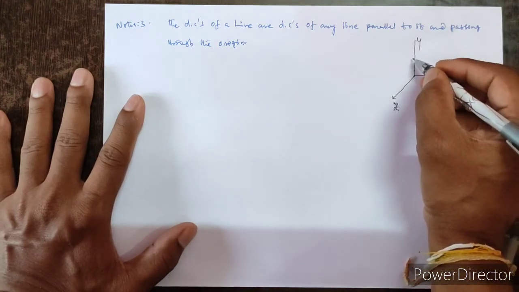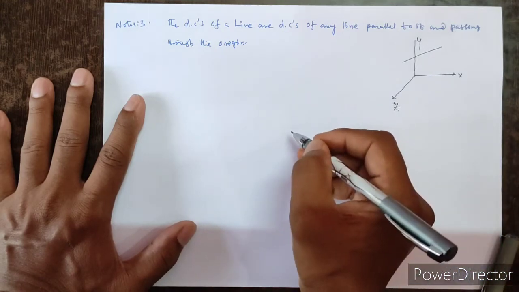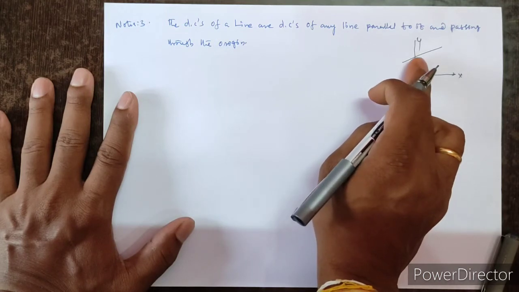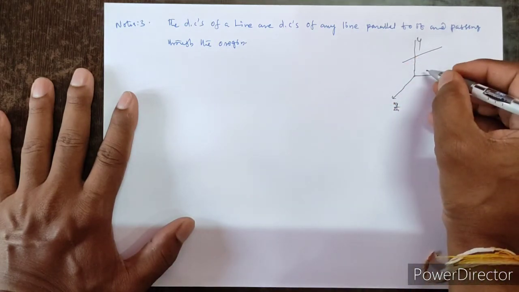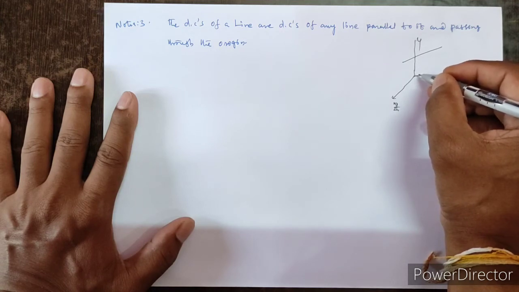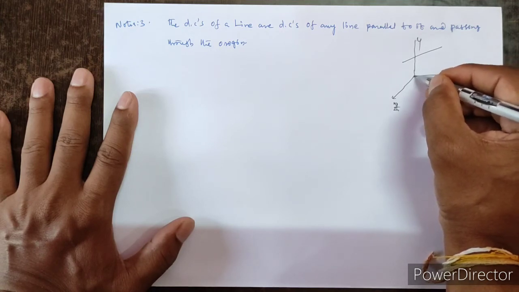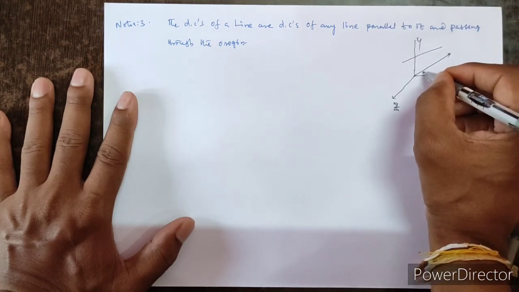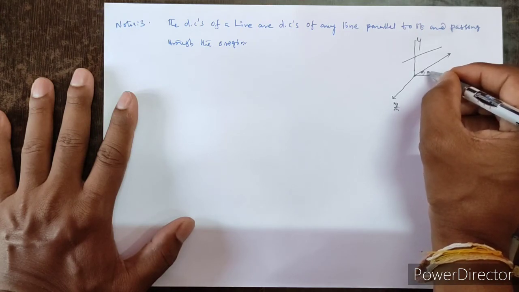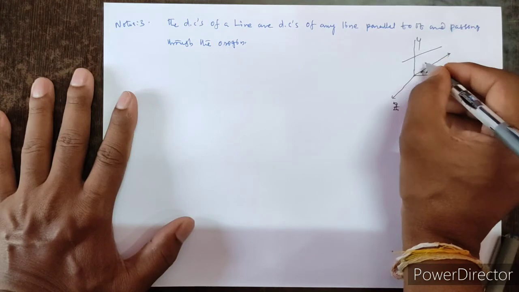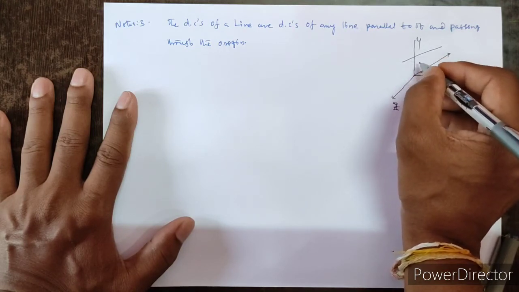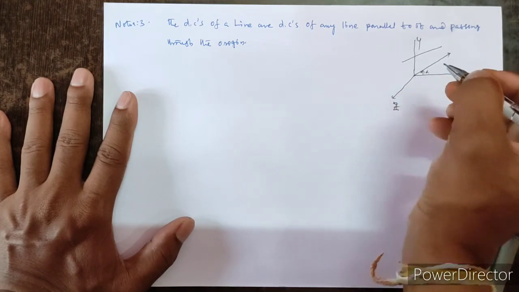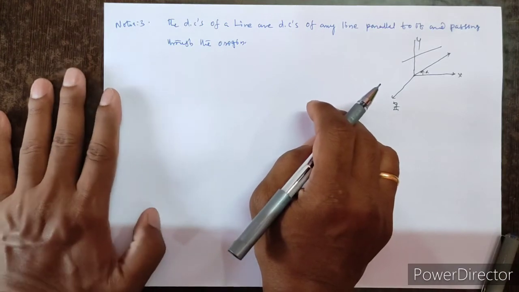This is any line. So we should find the direction cosines of this line. Just draw a parallel line passing through the origin. This line is parallel to the given line and makes angles with the x-axis, y-axis and z-axis, so cos alpha, cos beta, cos gamma are the direction cosines.